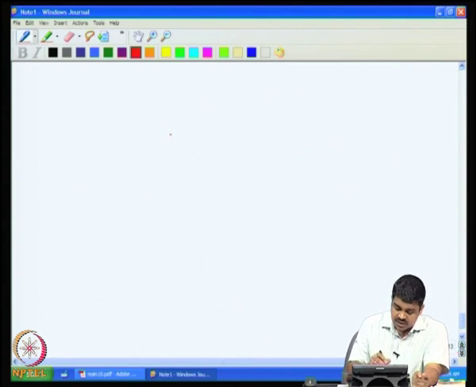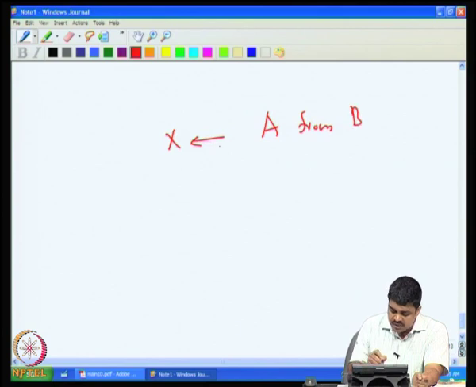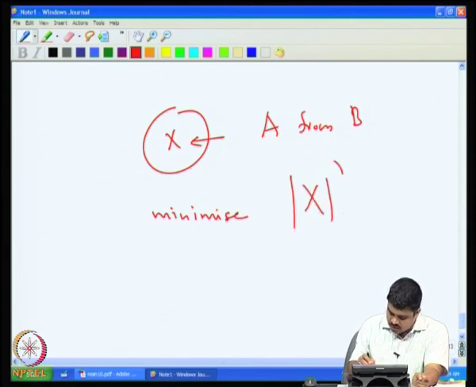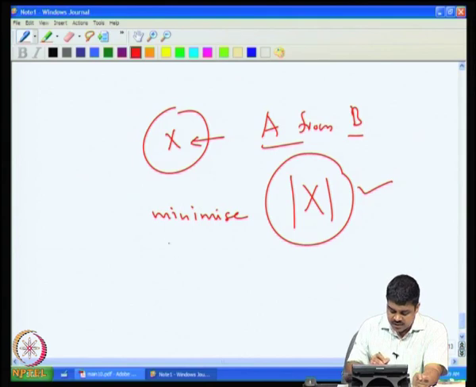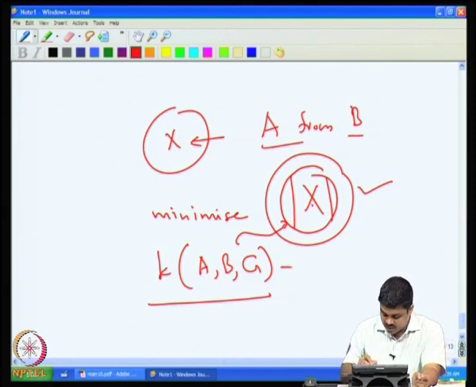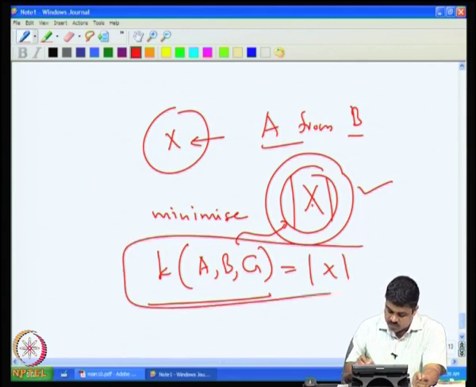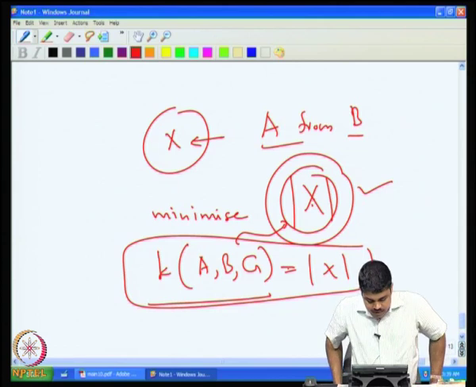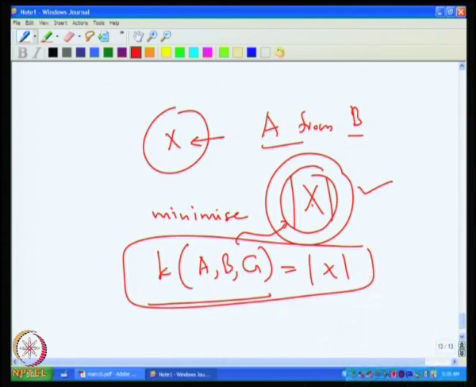So essentially, for the sets X that separate A from B, I am interested in minimizing the cardinality of X. Given A and B, I will be interested in this parameter k of A comma B comma G, that is the minimum number of vertices in any set X so that X separates A from B. That is, the minimum cardinality of X which can separate A from B.